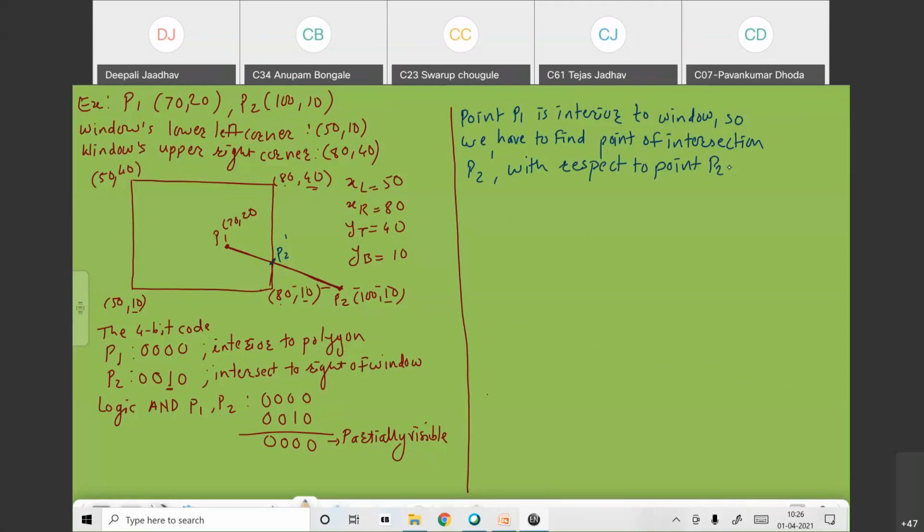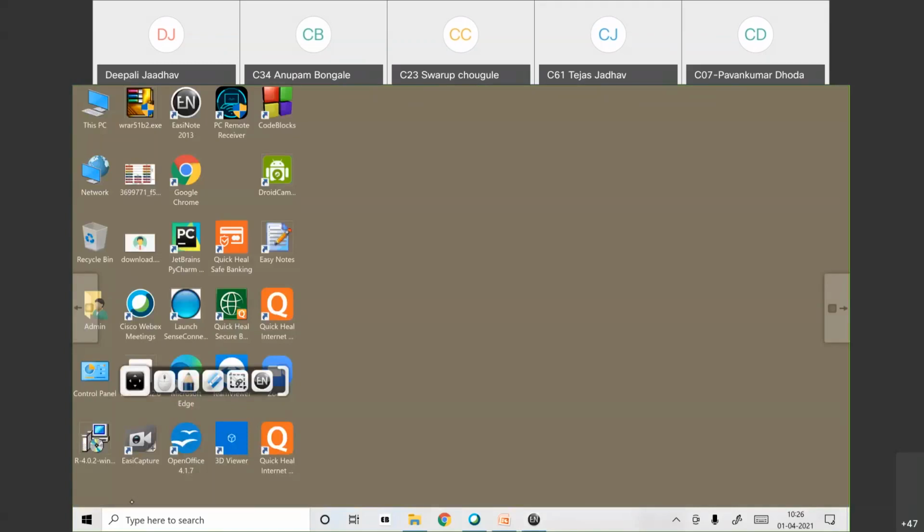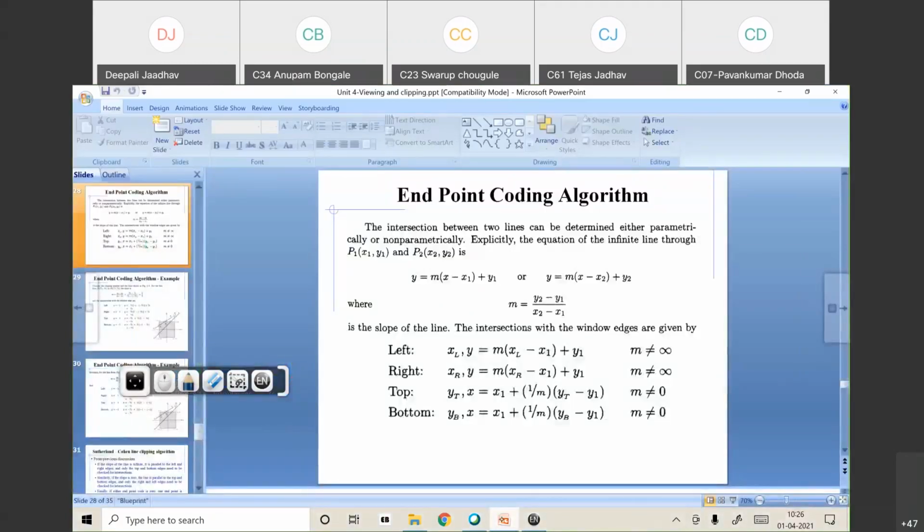For that, first we need to calculate the slope. Then these four equations are there. But among these, all the four equations are not required. We are going to use only this equation because we know that the bit code is 0010.